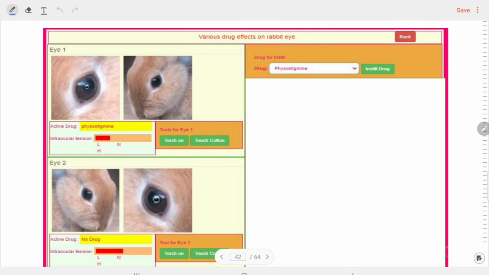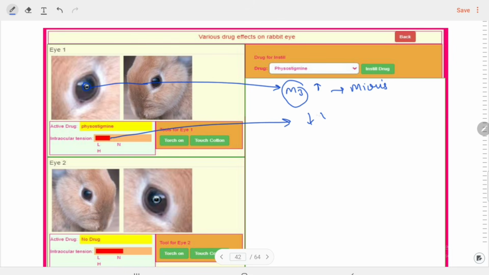Both pupils are decreased, meiosis occurs because of the M3 receptors. M3 activation in the ciliary muscle will lead to contraction of the ciliary muscles and increased outflow, that will lead to decreased intraocular tension.